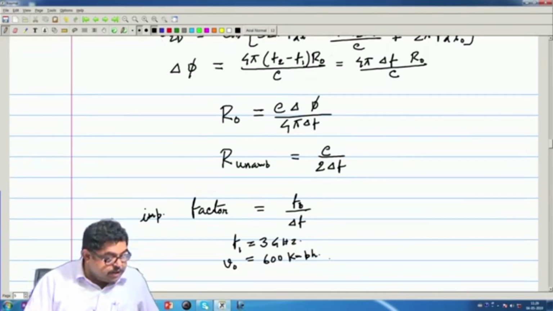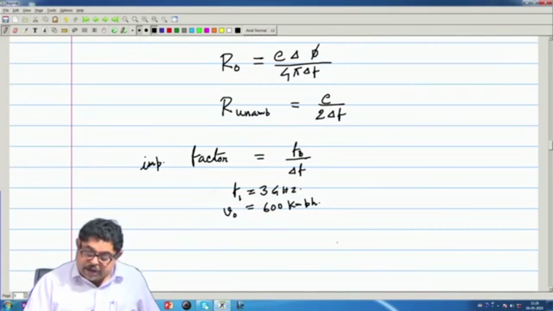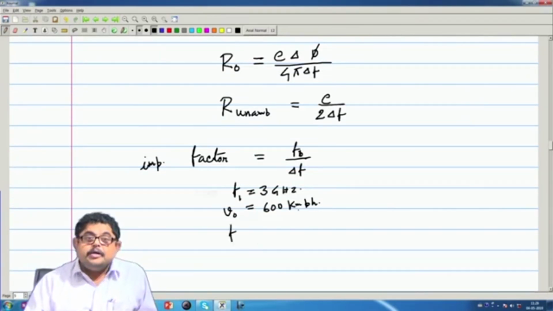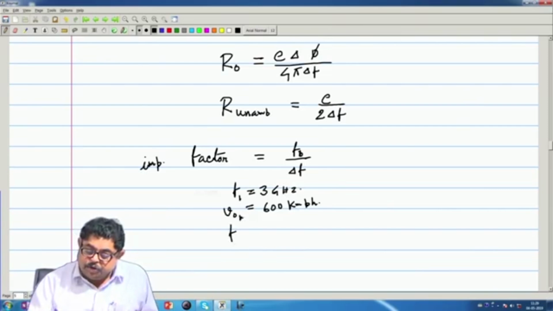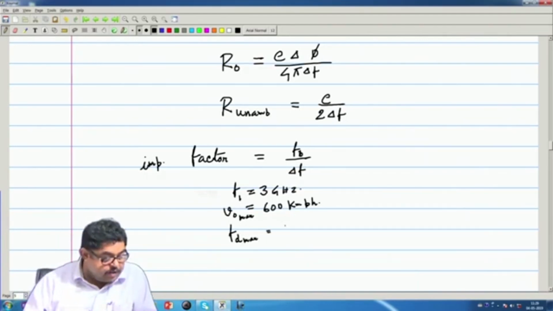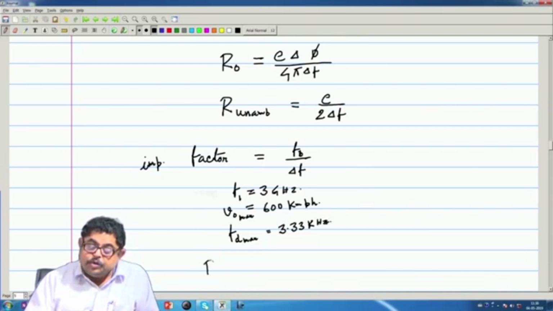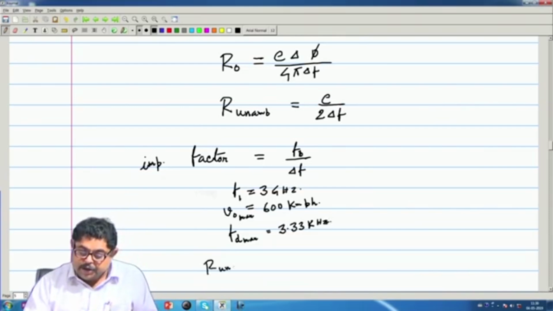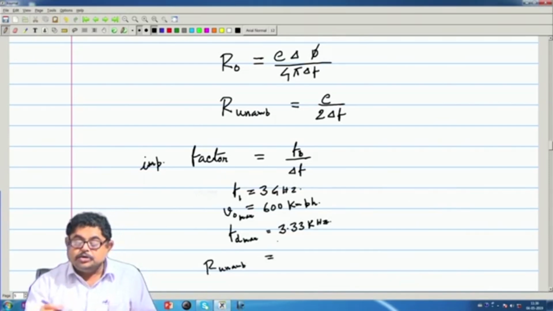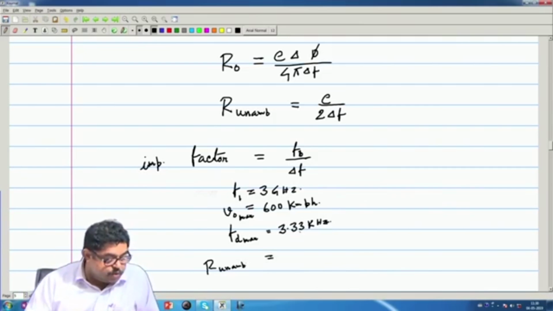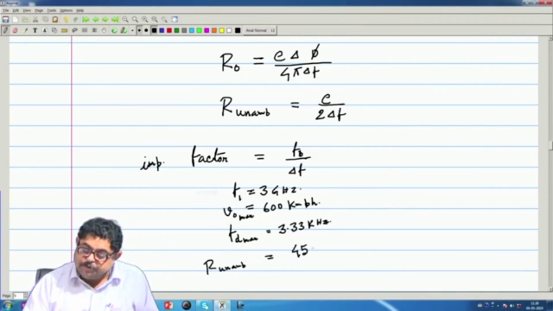Immediately I can find the maximum velocity, v0 max, the target's maximum velocity. Using the formulas, fd max comes out to be 3.33 kilohertz. If you put that in, the R unambiguous will become 45 kilometers.